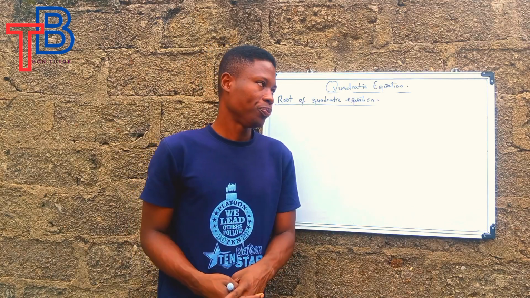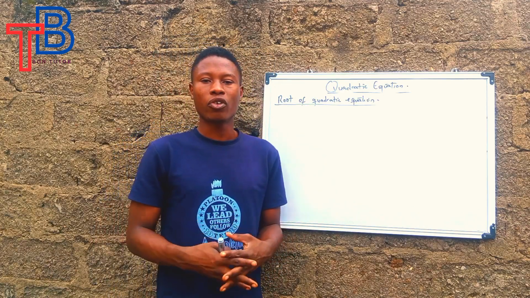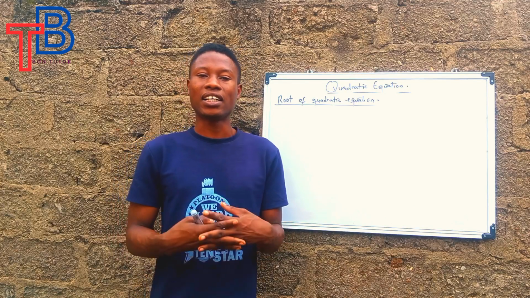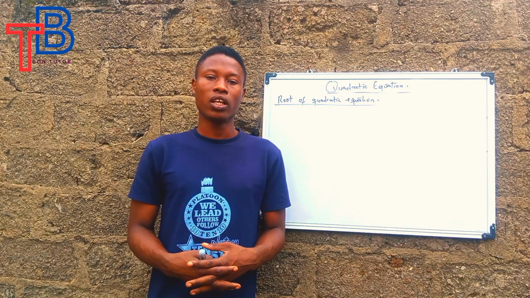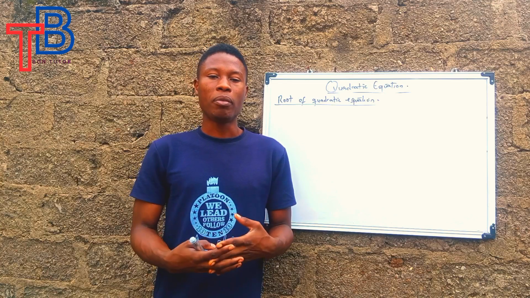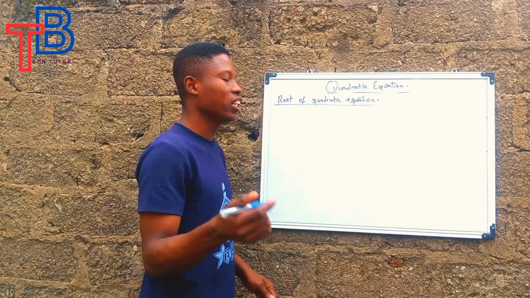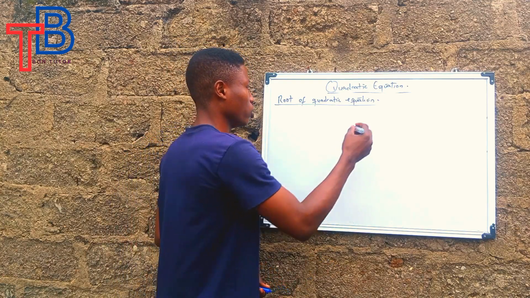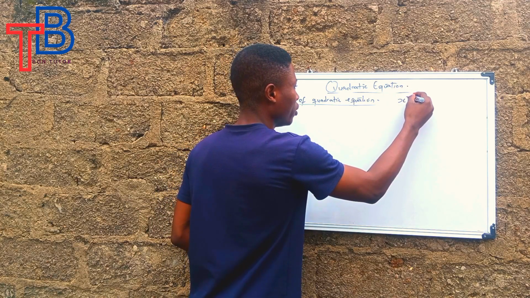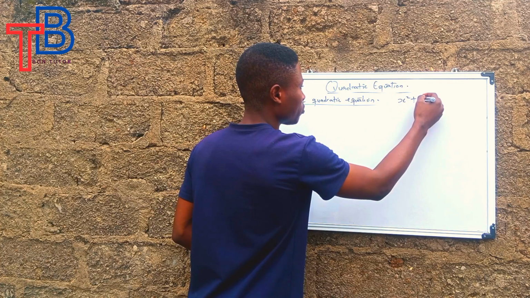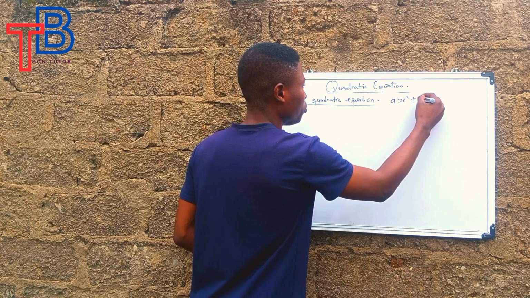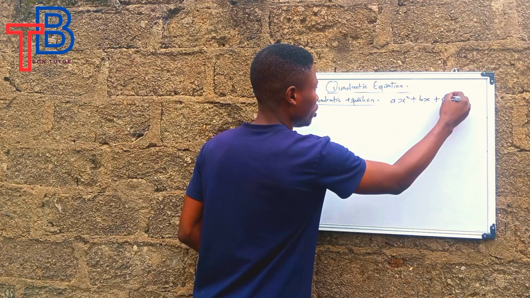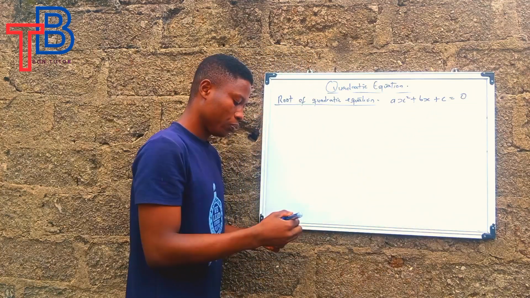So let's go on. Let's say you have a quadratic equation and the answer of the quadratic equation is positive. Remember, I told you last time that the general formula for a quadratic equation should be ax squared plus bx plus c equals 0.